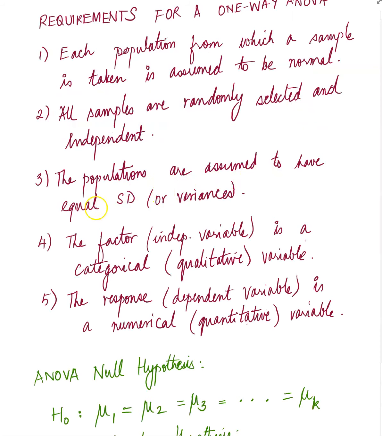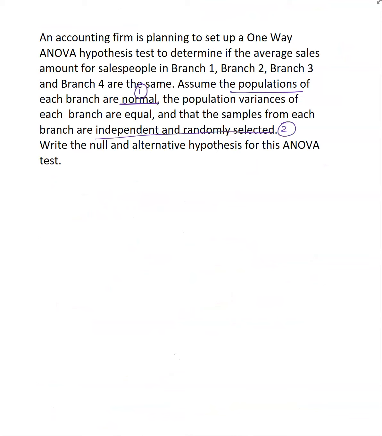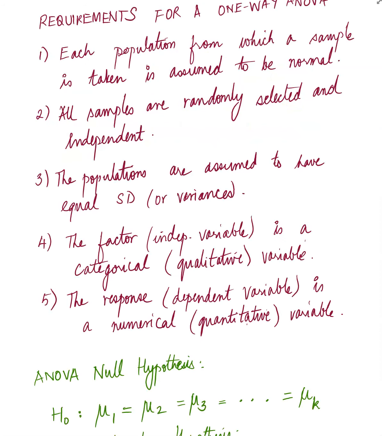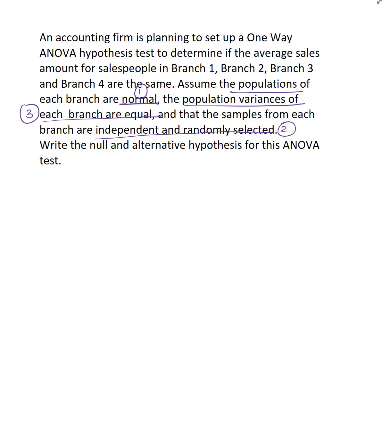The populations are with equal variance or standard deviation. The population variances of the branches are equal, so that's the 3rd condition. The factor is categorical and the response is numerical. So come back here. What is the factor? Okay, the factor is the branch type, right? So I'll just write here somewhere.